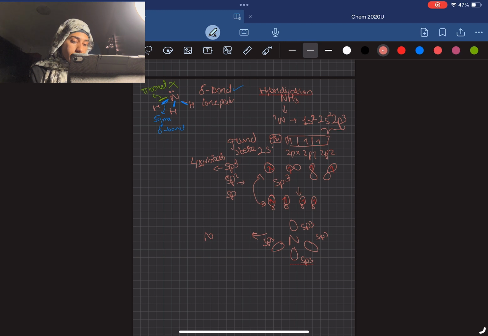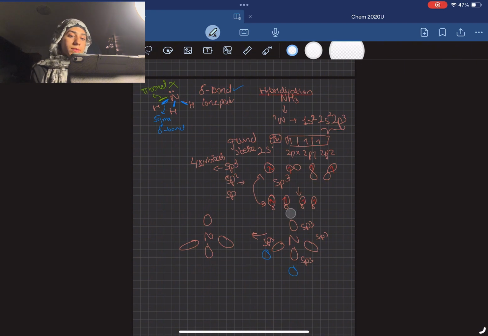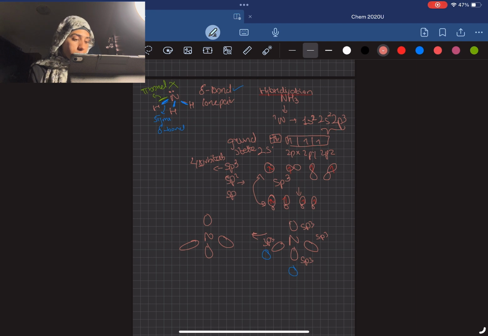In the next shape, I'll have the same, but over here I'll show that my hydrogen is approaching it. Sorry, over here it doesn't have that. No hydrogen would be over here because I only have 3 hydrogens. So it's like this.